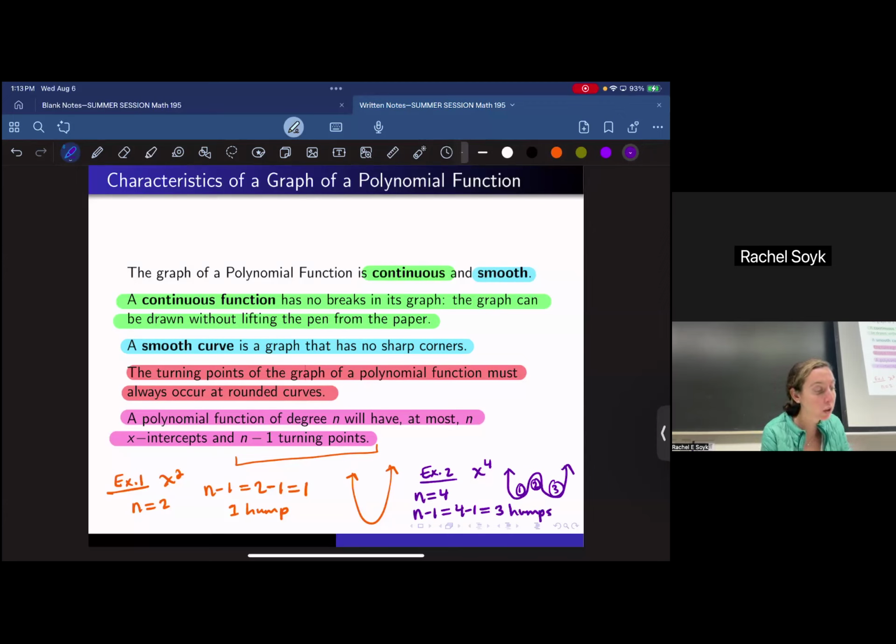So the number of turning points is equal to the number of humps being represented.